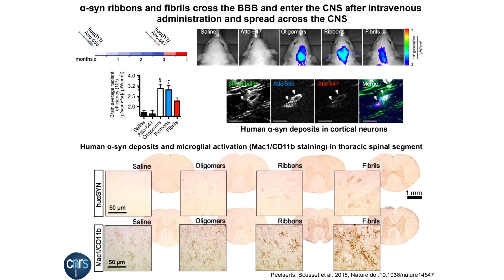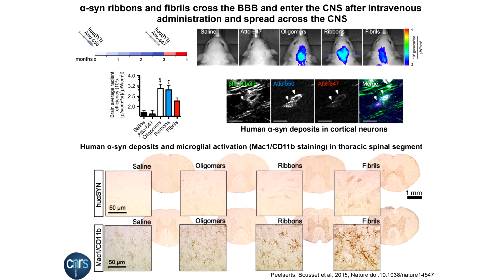And what is really interesting is that, remember, we injected fibrils labeled in red, 550, and we injected the soluble form labeled in the infrared fluorophore. And what we saw is that not only the exogenous fibrils or ribbons are precipitating into the brain or taken up by the cells, but the second shot of soluble protein is being recruited and is co-aggregating with the seeds we placed at the beginning.